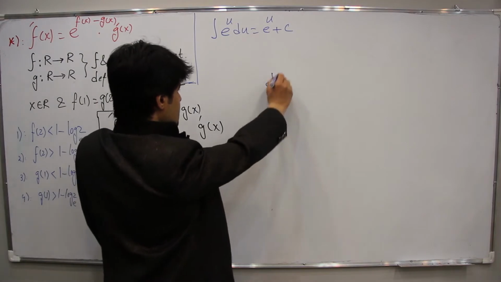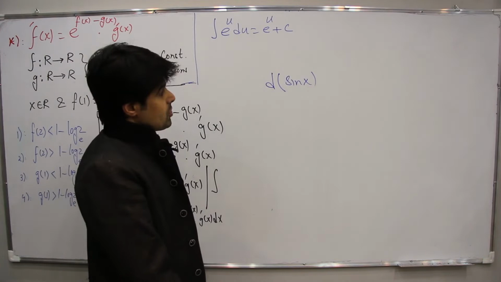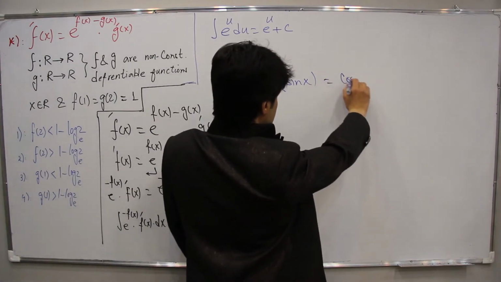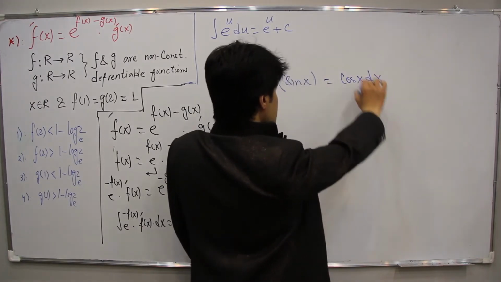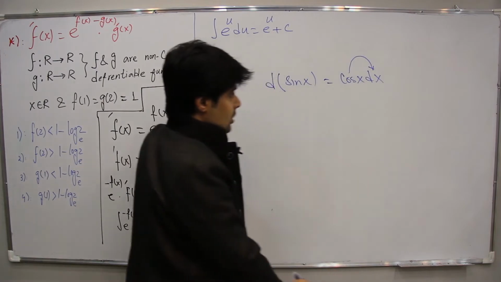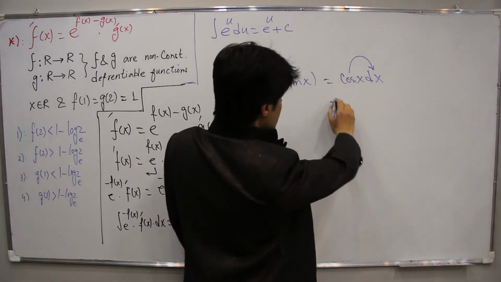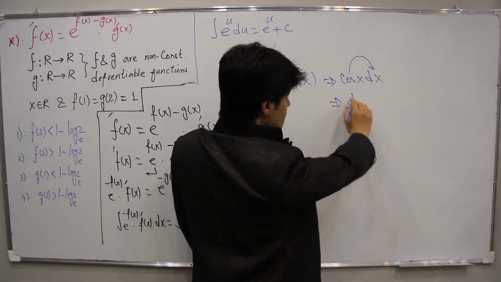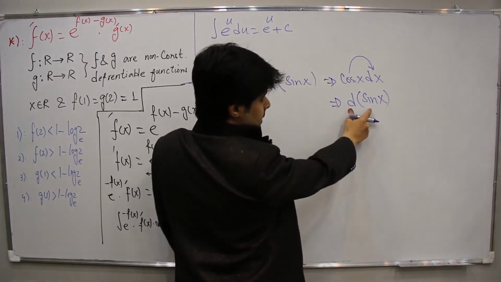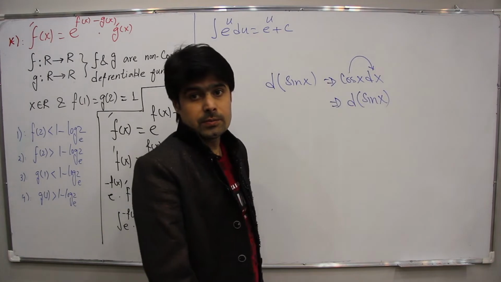If I write d(sin x), what does it mean? It means the differentiation of sine, so we can write cos x dx. It means if I want to put this cos x inside the differentiation, I have to write d(sin x), and d(sin x) means the differentiation of sin x, and it is cos x dx.